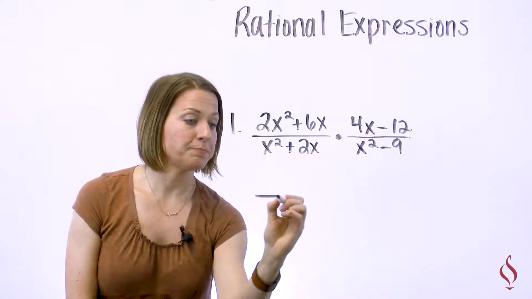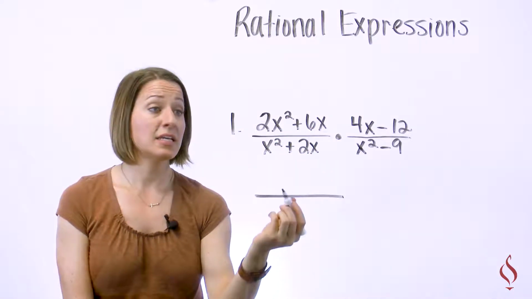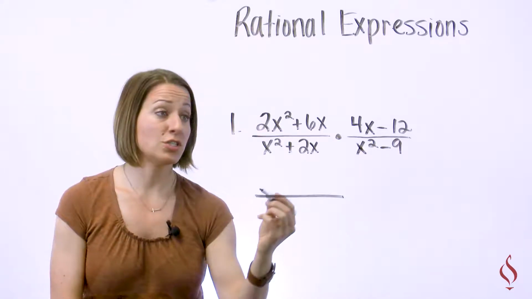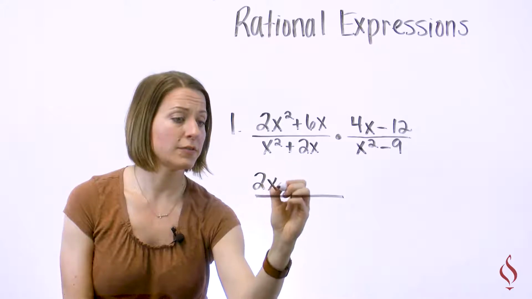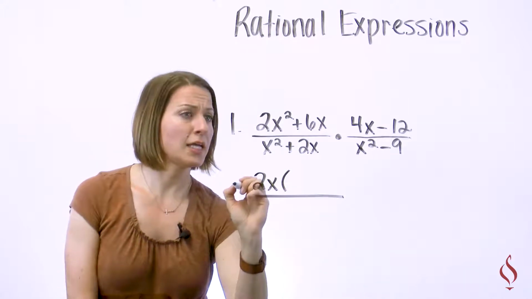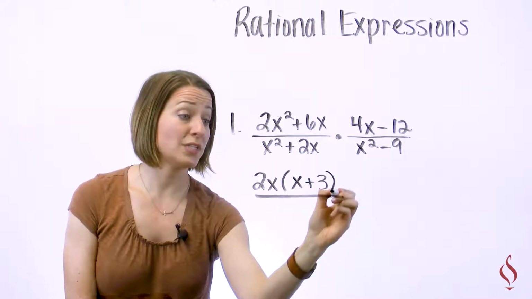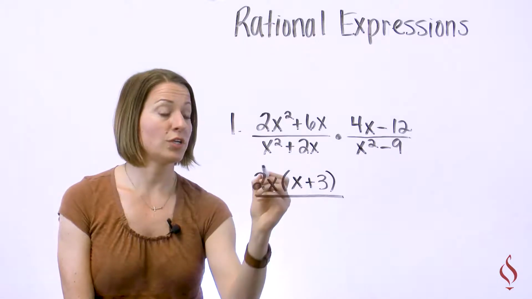So the 2x squared plus 6x, looking for a common factor is always what I want you to start with. It has a common factor of 2x. And then we'll just have x plus 3 left over. X plus 3 is the most factored it can get, so we're good with that numerator.